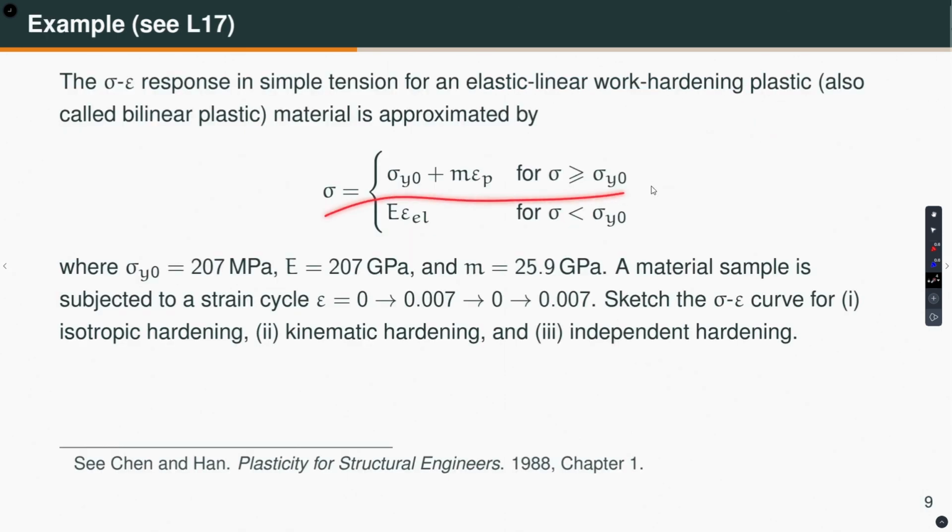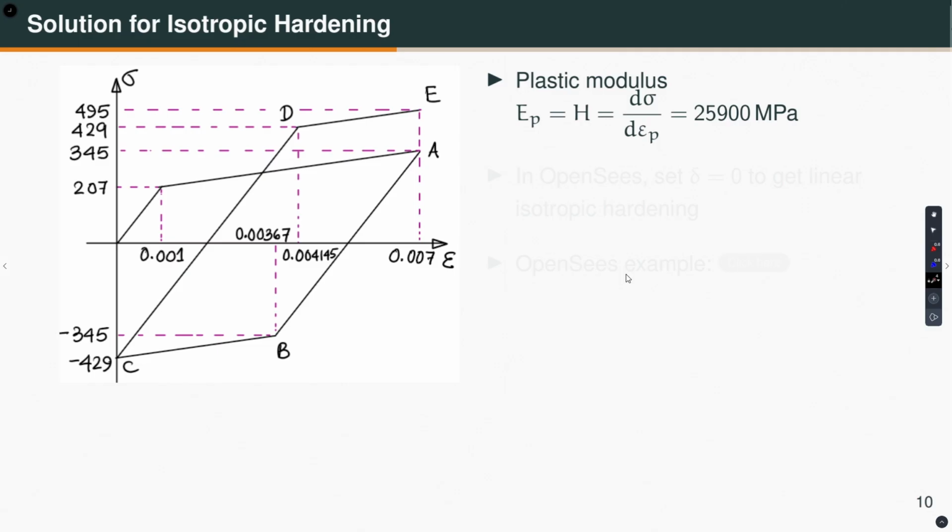So, I get m, which is my plastic modulus, 25,900 MPa. And then once I get EP, I can get the tangent modulus, which was discussed previously, Et is equal to E into EP divided by E plus EP, where E is the elastic modulus and EP is the plastic modulus. With that, we are ready to draw the stress strain.